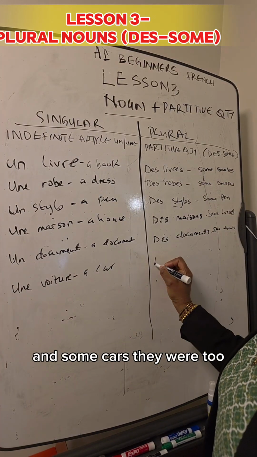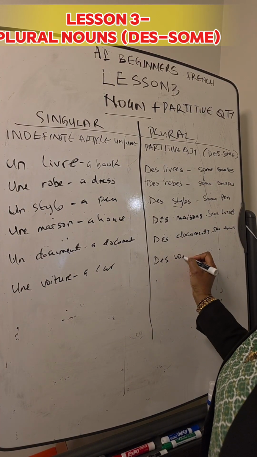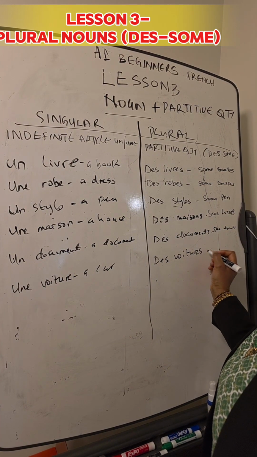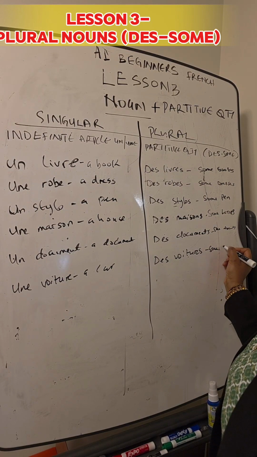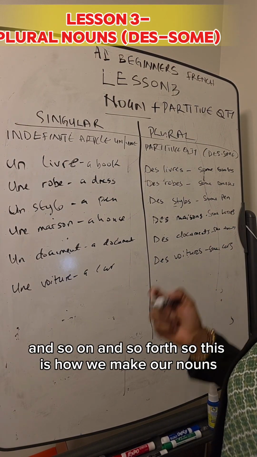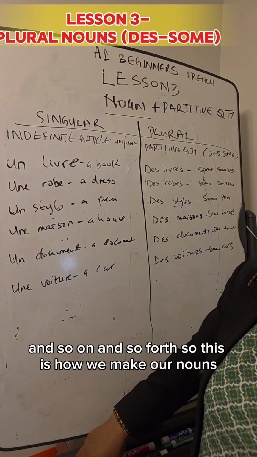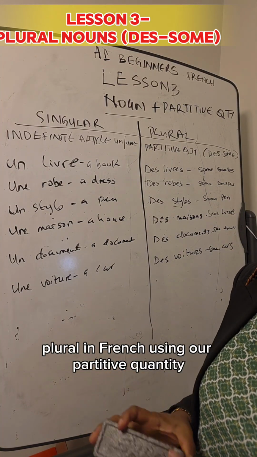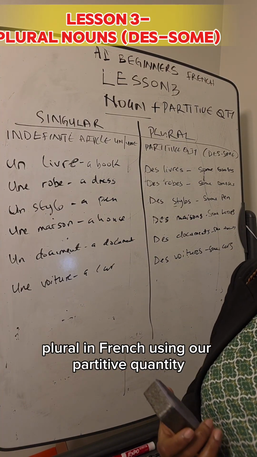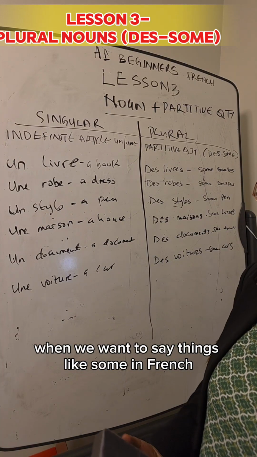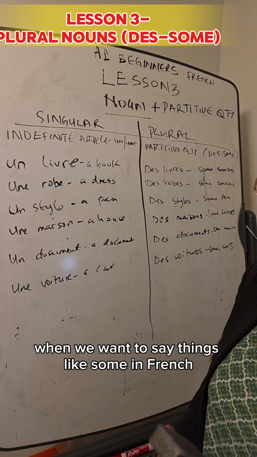And some cars, des voitures. And so on and so forth. So this is how we make our nouns plural in French using our partitive quantity when we want to say things like some in French.